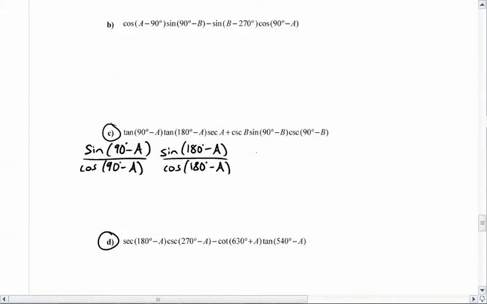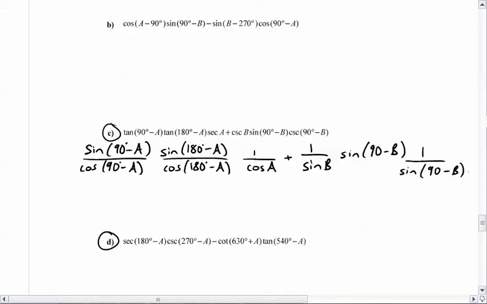I'll change secant to 1 over cosine. So I'll change cosecant to 1 over sine. And then sine can just stay the same. And cosecant can change over to 1 over sine.